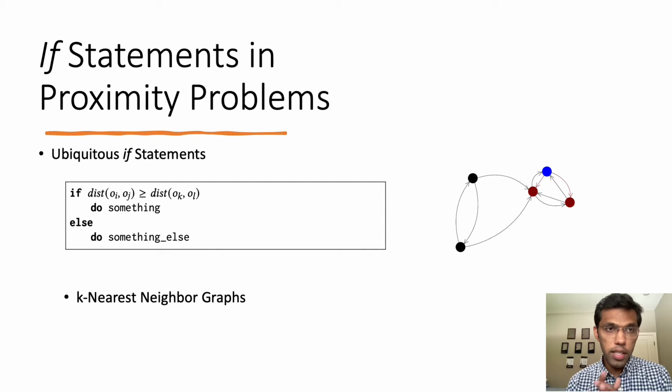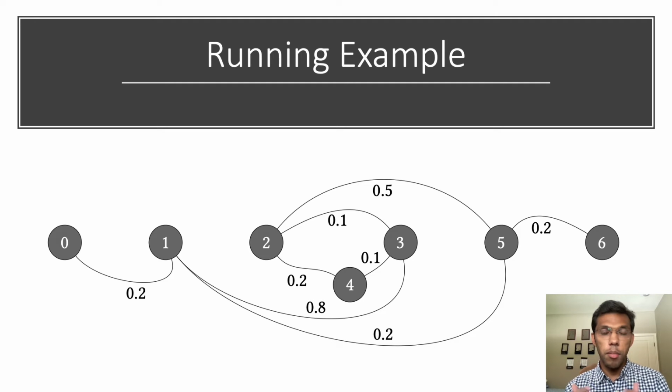In all of the proximity problems, you do take some action based on the distance comparison between pairs of objects. If the distance between a pair of objects and another pair of objects is greater or lesser, you do something or you do something else. A classic example is MST or k-nearest neighbor, etc. For a better understanding, let us take a running example of 7 objects.